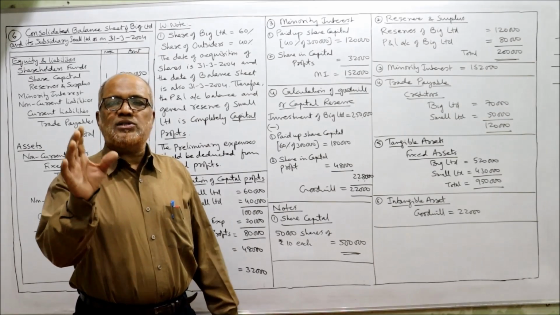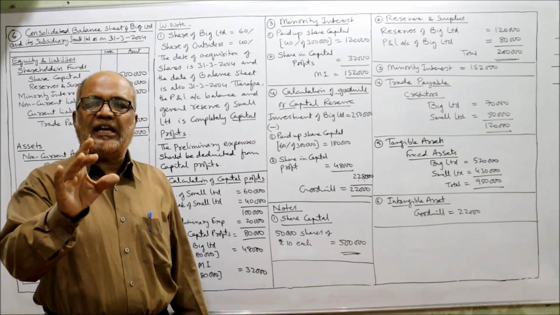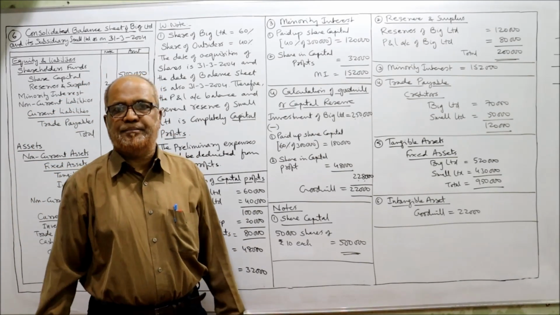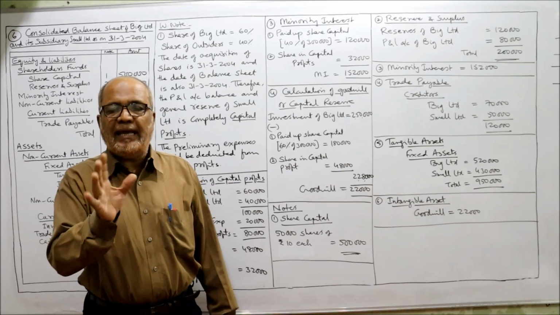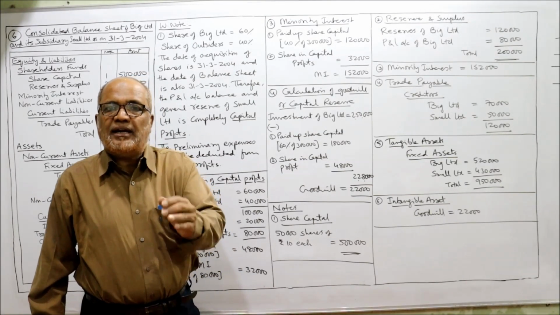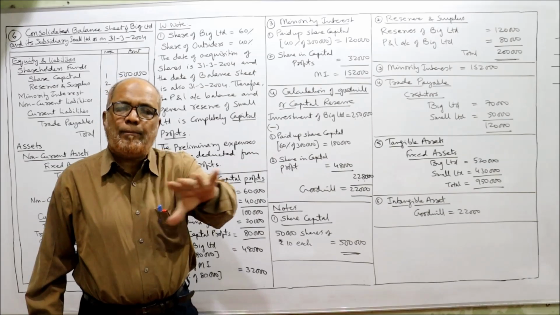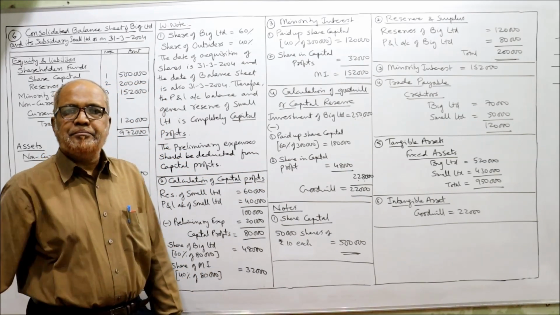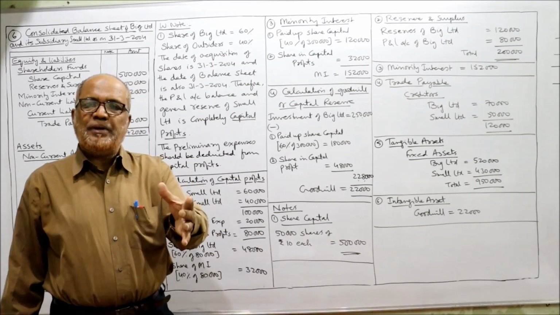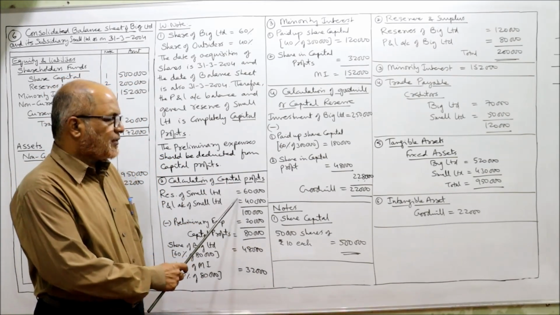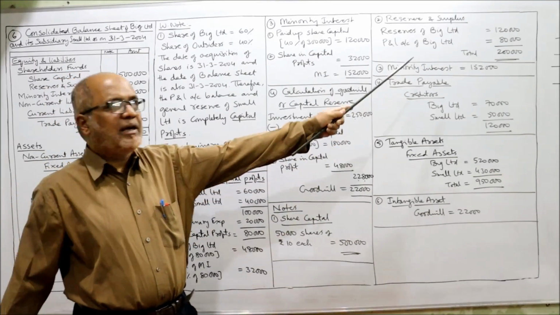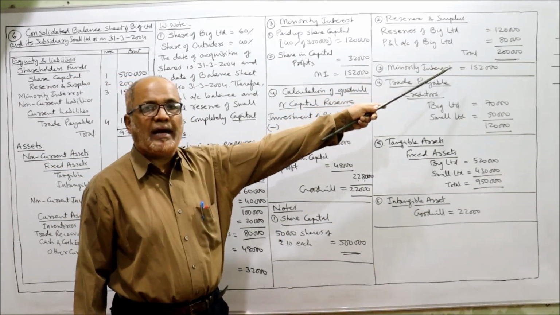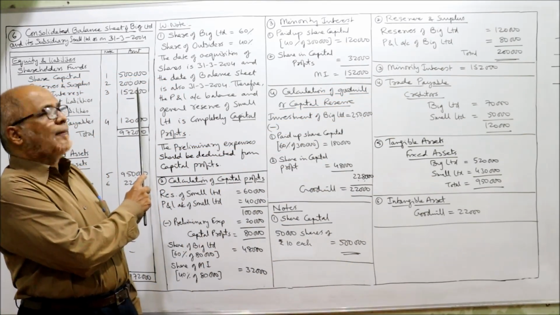In reserves and surplus, we take reserve and P&L account of Big Limited only, because Small Limited's reserves and P&L account are completely capital profit, and already we have taken them here. So only Big Limited's reserves and P&L account, 2 lakh. That 2 lakh rupees I have taken here.